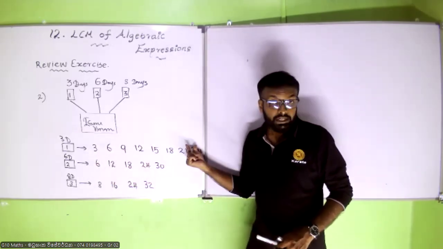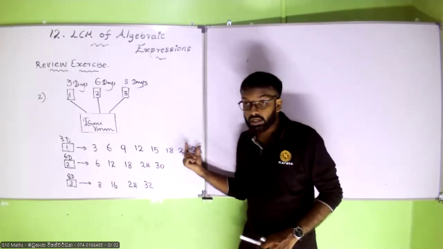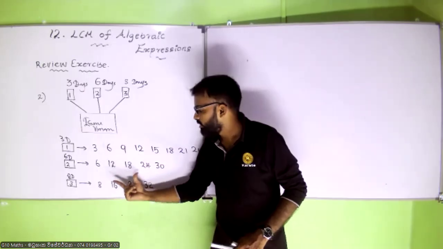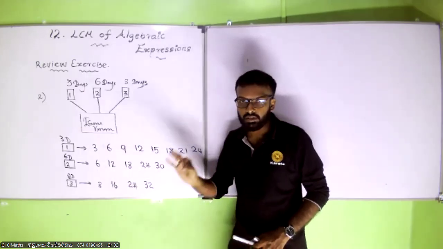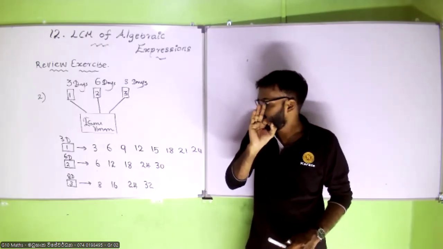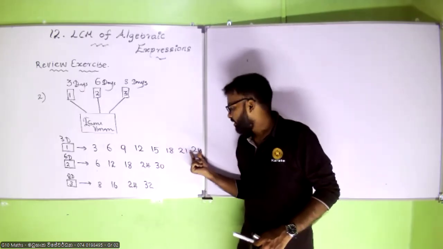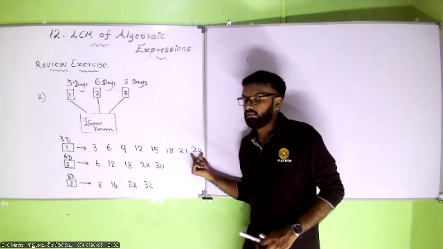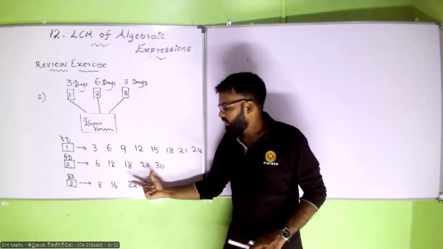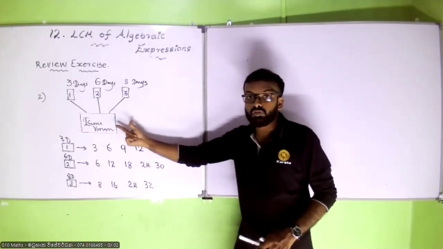So until 24, there is no common day for these three vans. There is no such common day until the 24th day comes. So on the 24th day, all three vans arrive at Isuru.